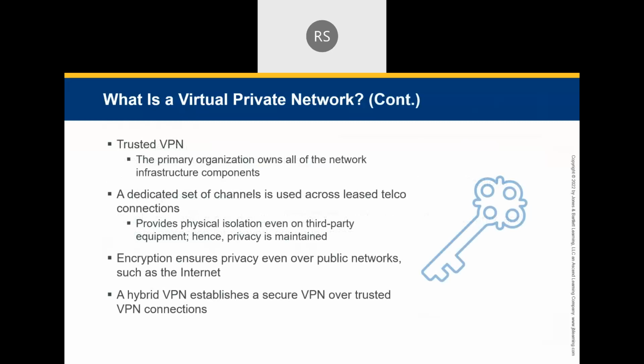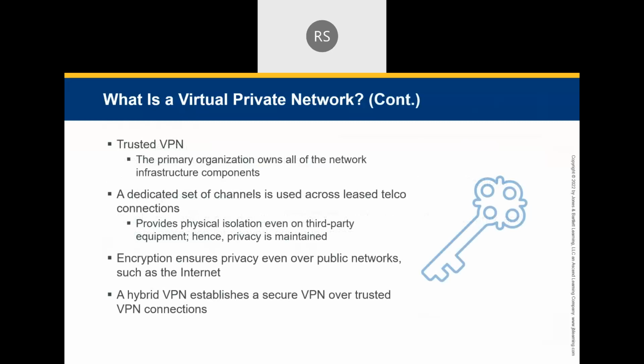Now, a trusted VPN refers to a network configuration where the primary organization owns all of the infrastructure components. The primary organization possesses all the network infrastructure components, so it does have that ownership. This is one of the key characteristics of a trusted VPN. It utilizes a dedicated set of channels across leased telco communications.